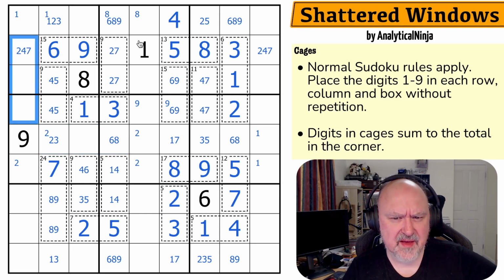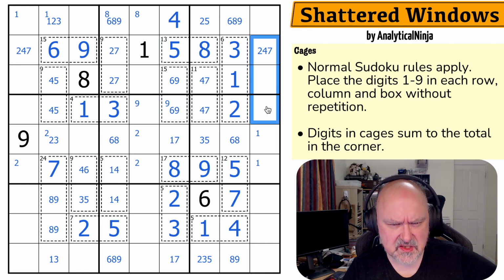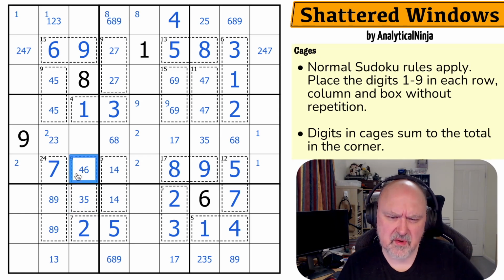I've got some evidence on these digits, but this is preventing that from being fully proven, I think. Is there a reason this can't be 4, 5?